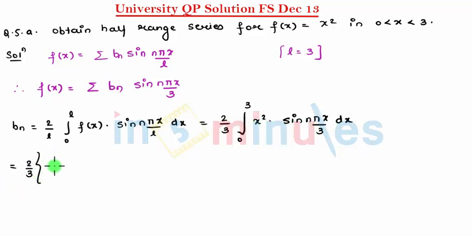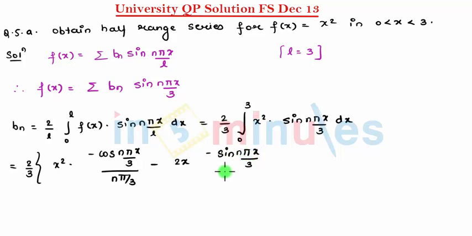Now integration of this comes to be x square into minus cos n pi x divided by 3, whole divided by n pi by 3, minus, differentiation of x square is 2x, and again here this comes minus sine n pi x divided by 3, and whole divided by n square pi square divided by 9.